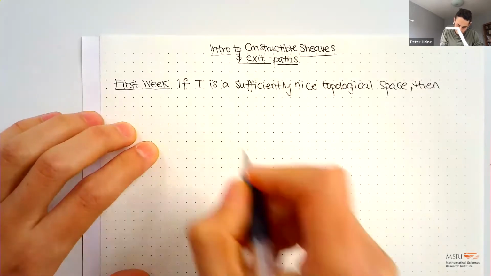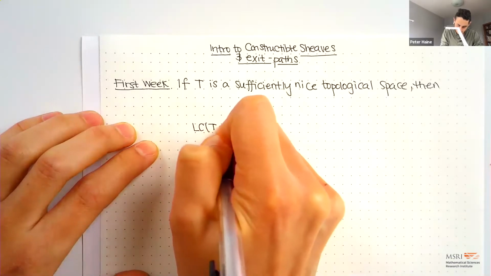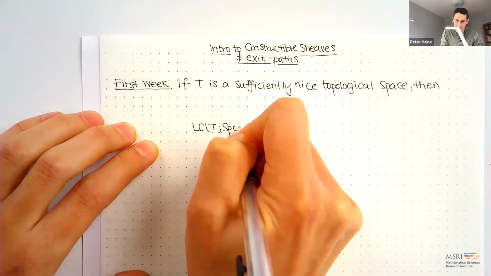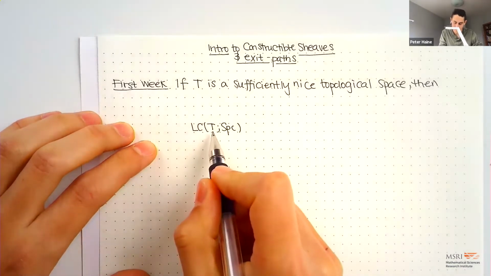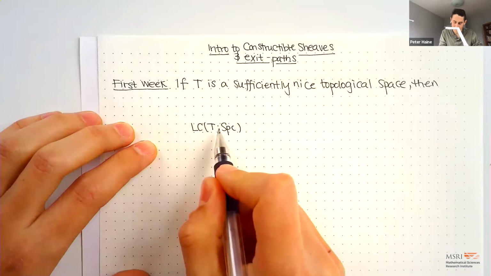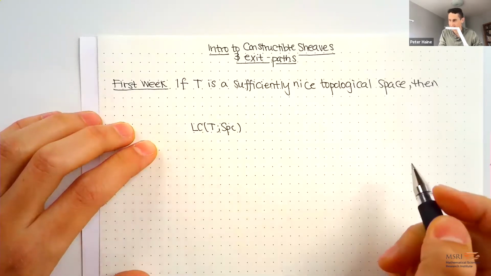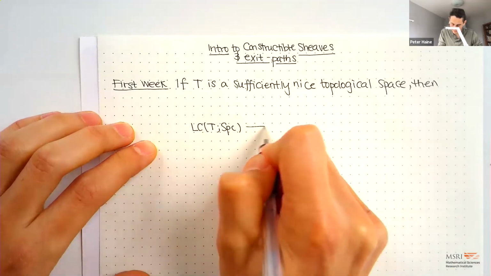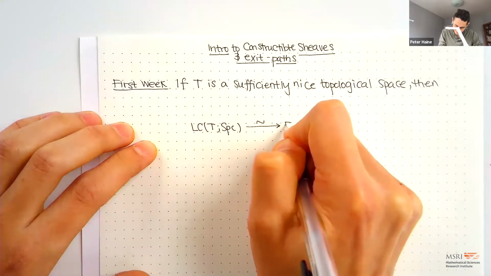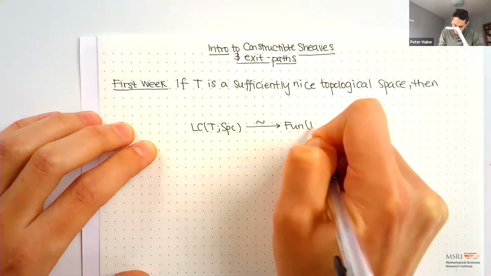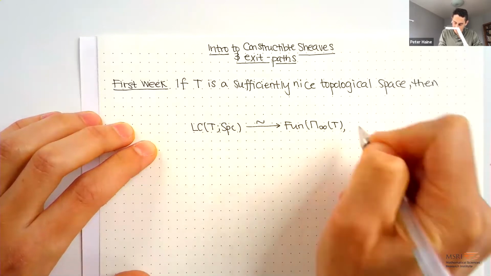On the one hand, we have locally constant sheaves on T with values in the infinity category of spaces. Whenever something is a topological space, I'll try to write it with T rather than X. And on the other hand, functors out of what I'll call pi infinity of T, that's the underlying homotopy type.